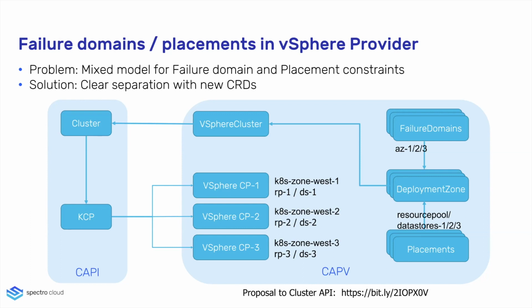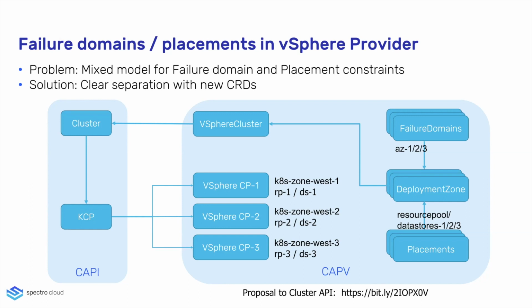So we'll have a couple of new CRDs. The vSphere fault domain CRD will define the region and zone that this vSphere setup has already configured. And the vSphere deployment zone CRD will refer to the fault domain, then add the placement constraint of that fault domain.